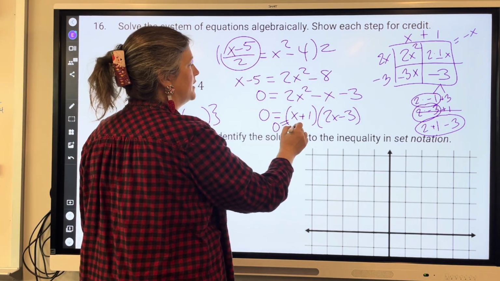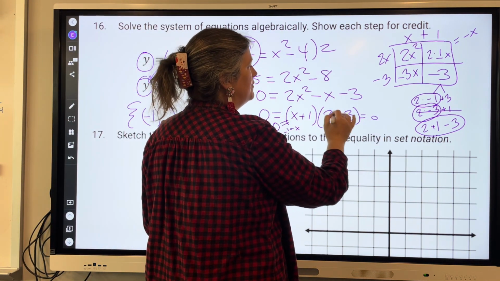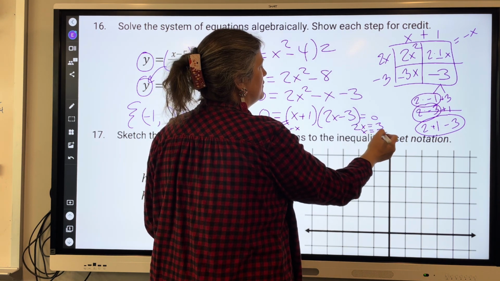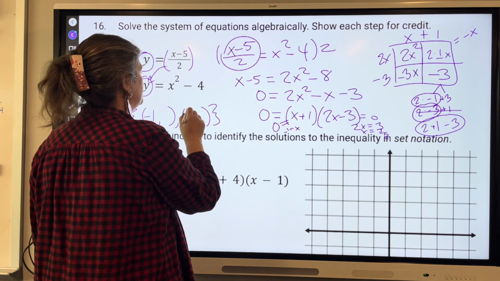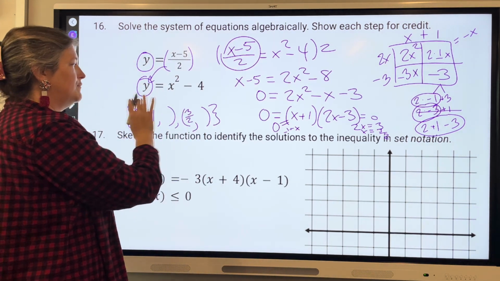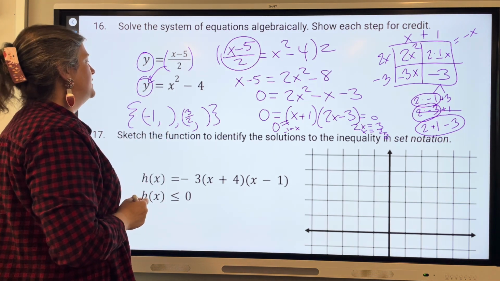If I subtract 1, x equals negative 1. Or where this equals 0, add 3, x equals 3 over 2. So I'm going to have one solution that starts with an x of negative 1 and one solution with an x of 3 halves. Now I need to know what the y is.